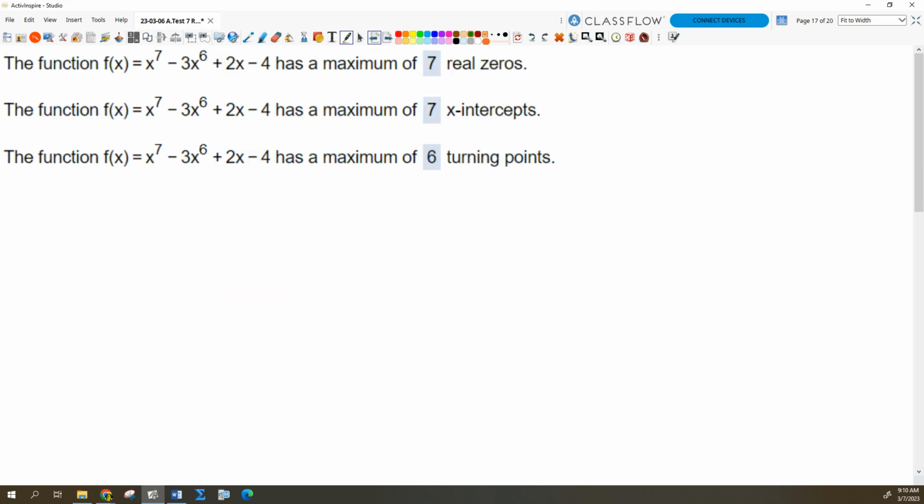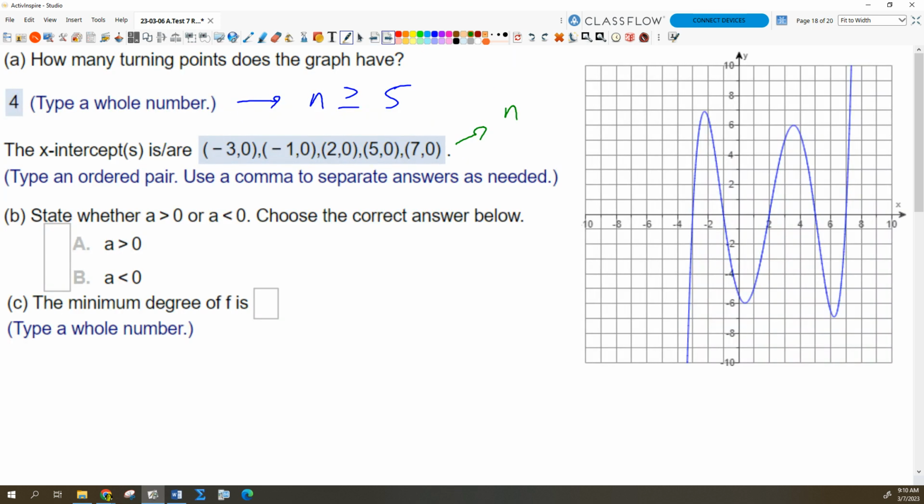The degree was 7, so it could have at most 7, right? Does that make sense? Okay, so then now, if we have 5 x-intercepts, then the degree could be really big, right? But the smallest it could be would be what? 5, yeah. Couldn't be any less, right? Because if the degree were 3, it couldn't have 5 x-intercepts, right? If the degree were 3, what's the most it could have? 3, yeah. So it's got to be at least 5, doesn't it?